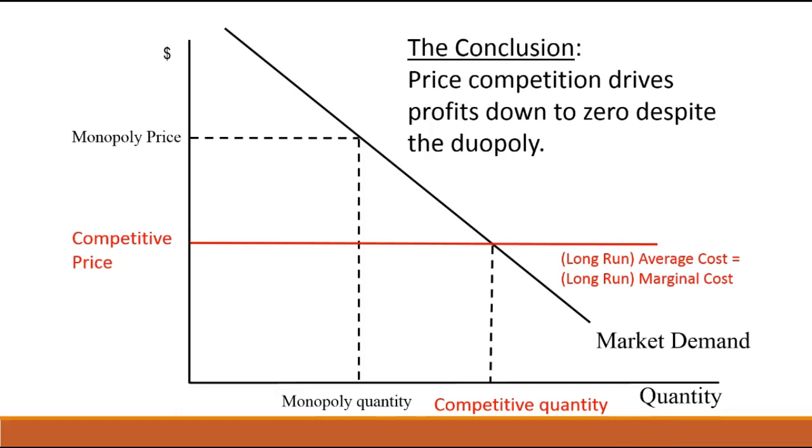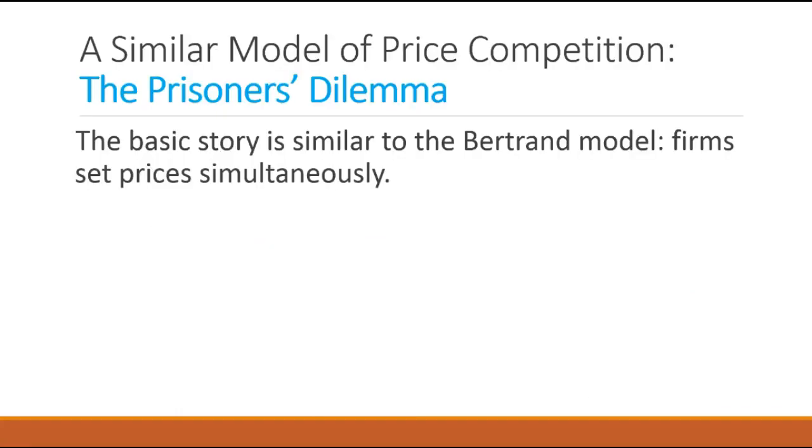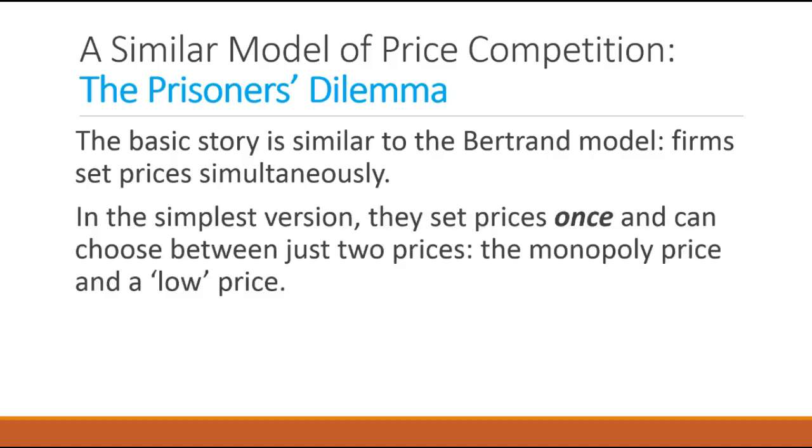Well, we then spent some time looking at the prisoner's dilemma model, which has some resemblances to the Bertrand oligopoly model. In this case, the firms are setting their prices at the same time, and the critical feature was that they just set their price once. And in the simple example I looked at, the firms can choose just two prices.